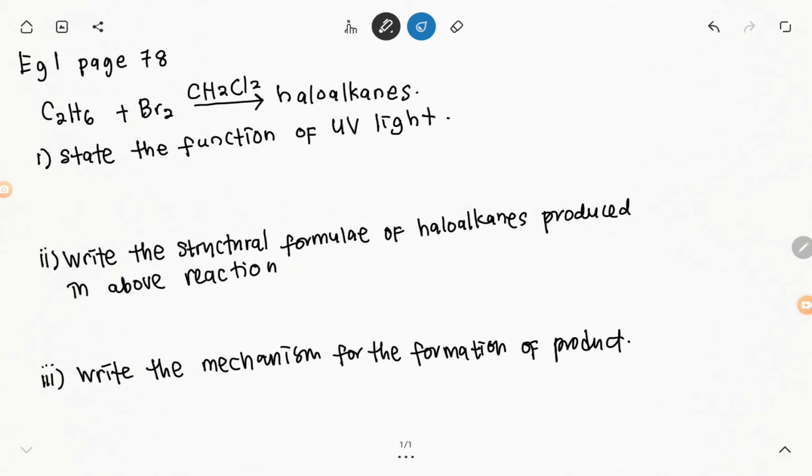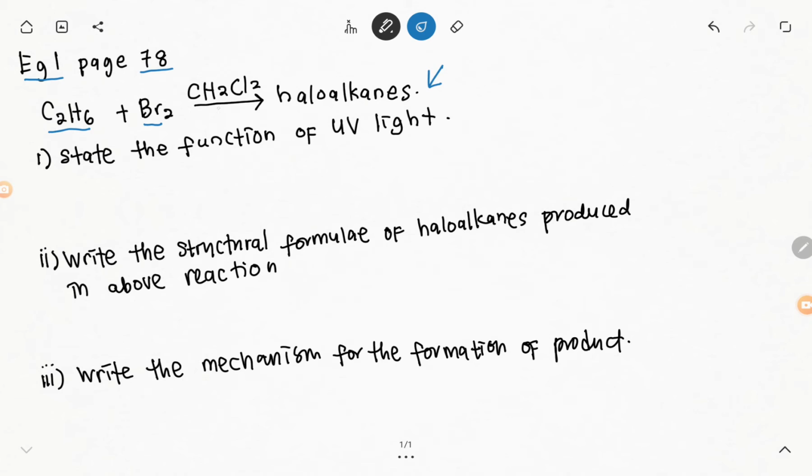Okay, so now we focus on example number 1, page 78. According to this equation already given, but this is only general. It uses ethane reacting with bromine as your reagent, in the presence of inert solvent, giving a haloalkane.